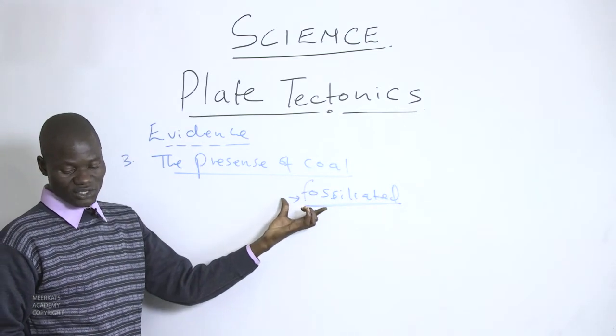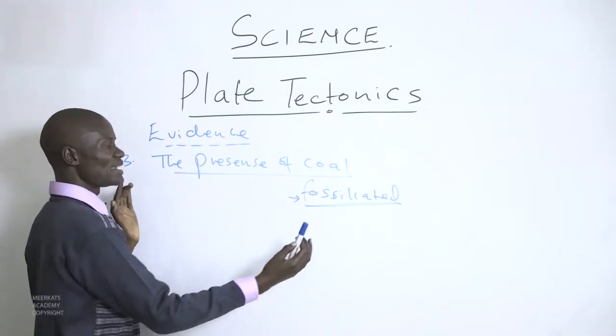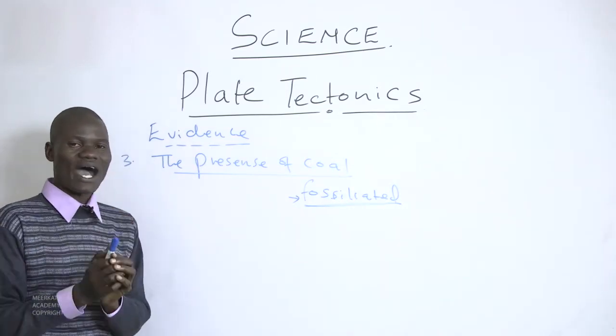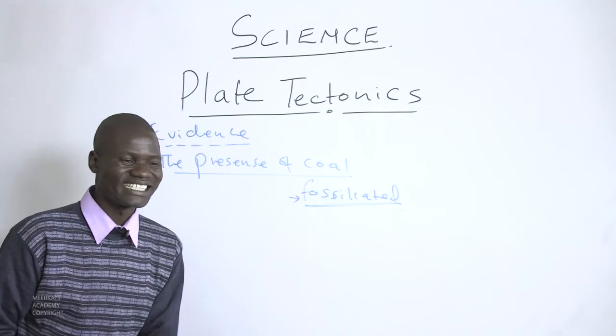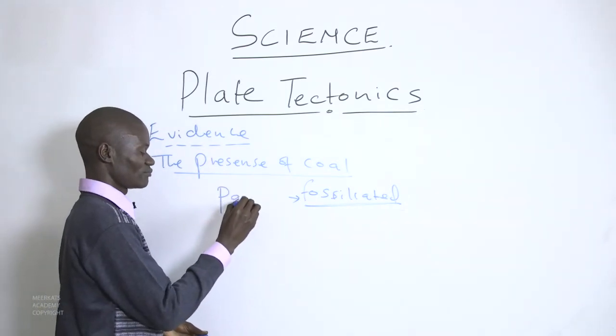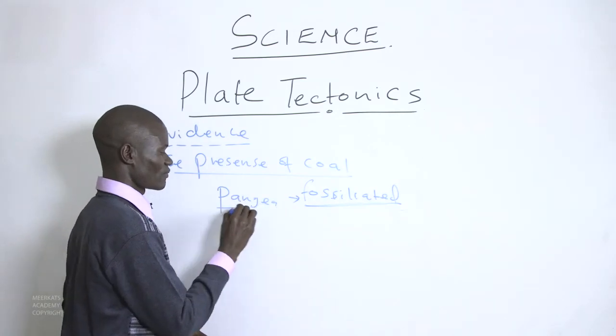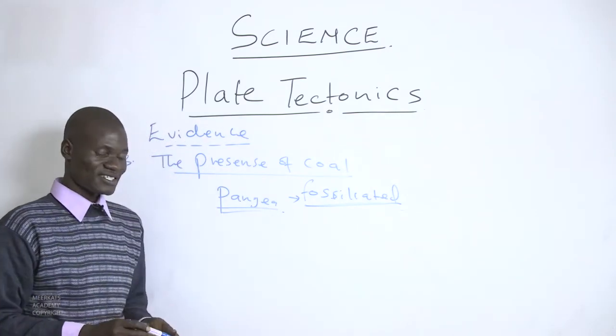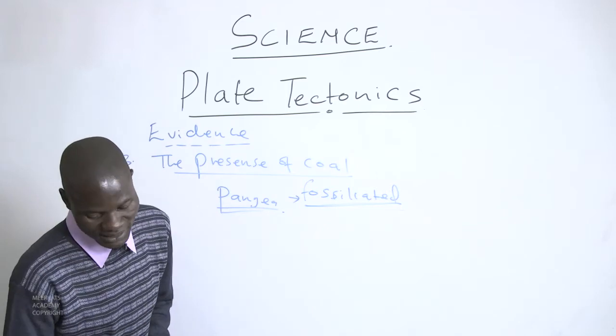Therefore, the regions might have existed in one supercontinent, referred to as Pangaea. That is evidence number 3.